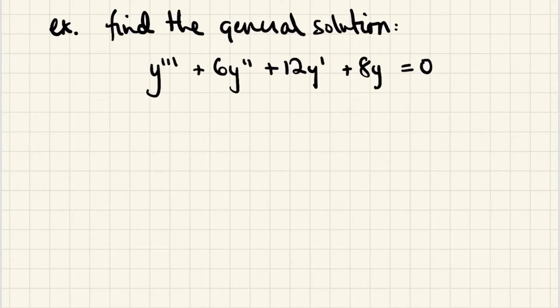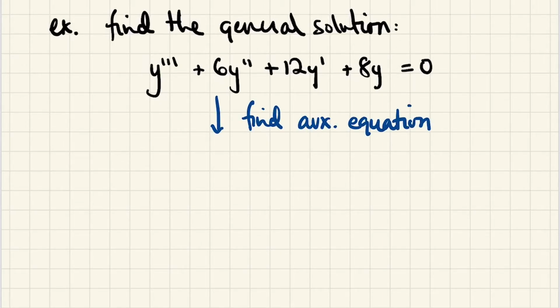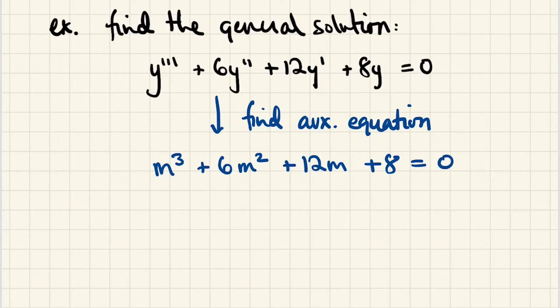In fact, this technique totally extrapolates to higher order differential equations. So let's find the auxiliary equation, as we always do in this situation. So we're going to have m cubed plus 6m squared plus 12m plus 8 equals 0.